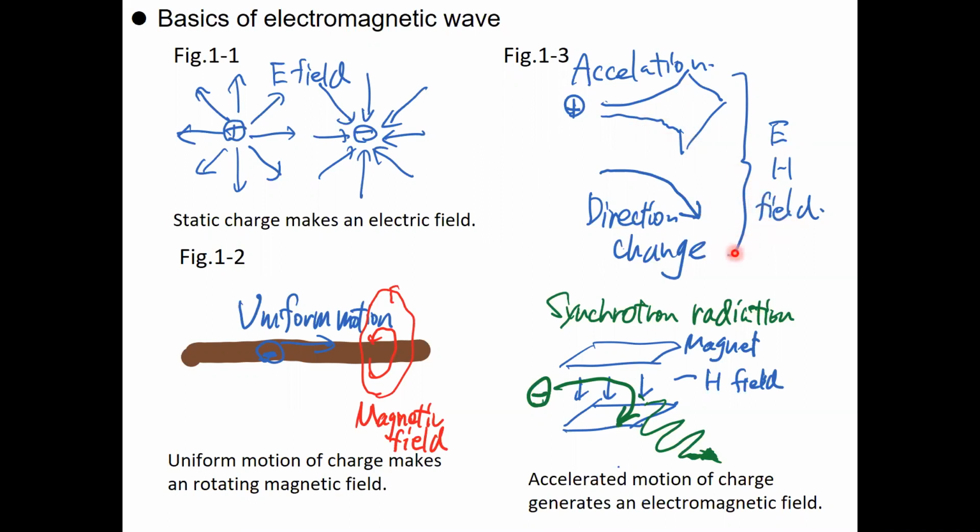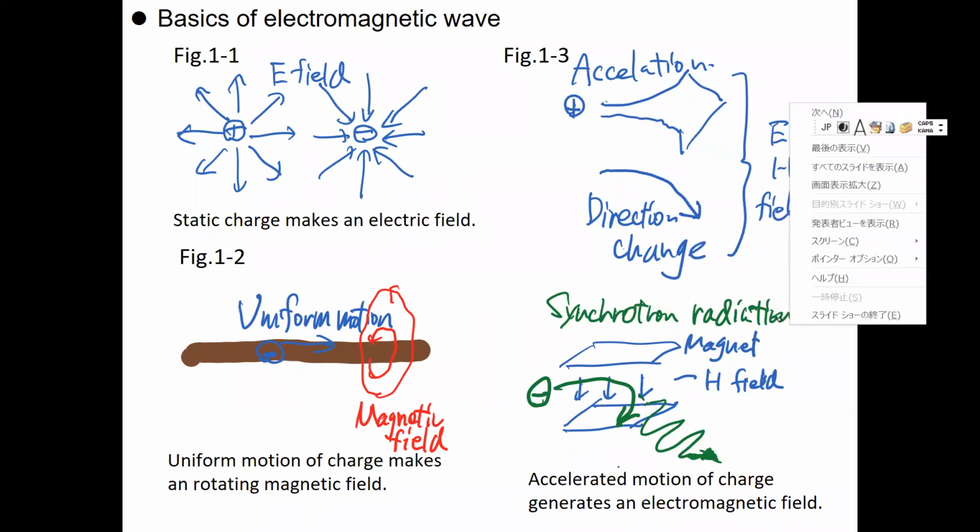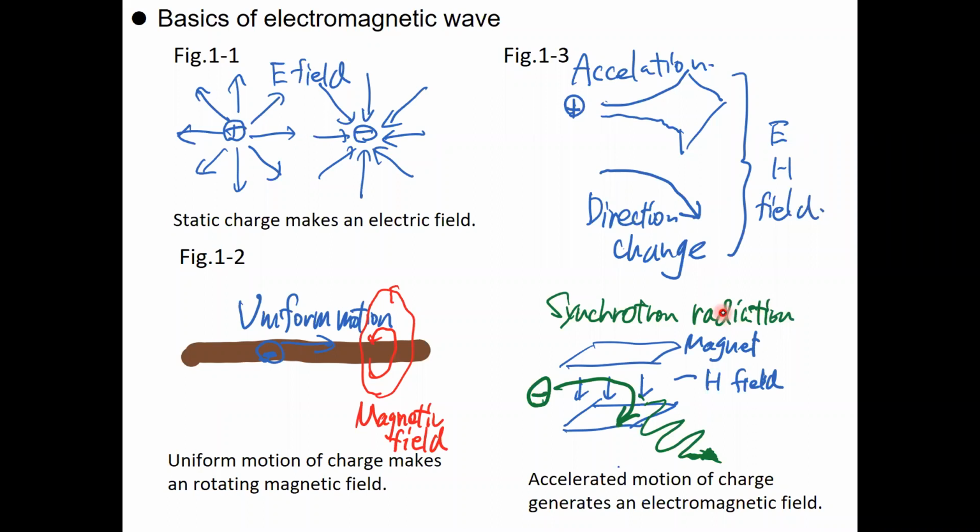One good example using this is synchrotron radiation, which is a very strong light source used for material characterization. In this case, very fast accelerated electrons go into a very strong magnetic field that bends the motion of the electrons.